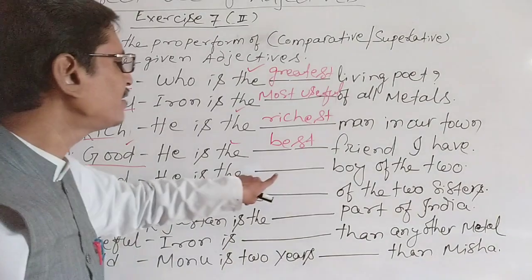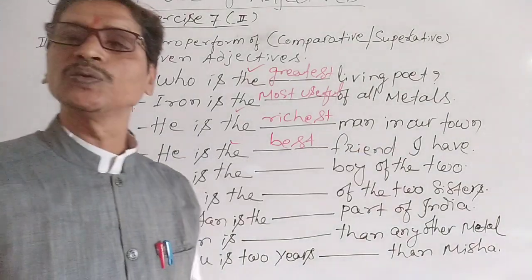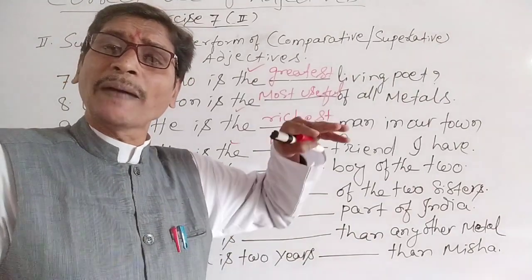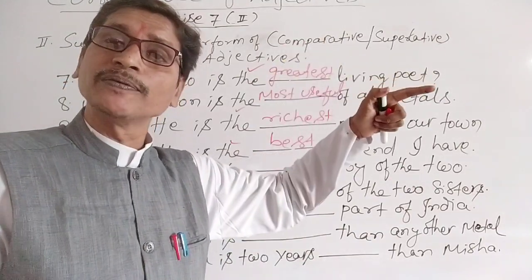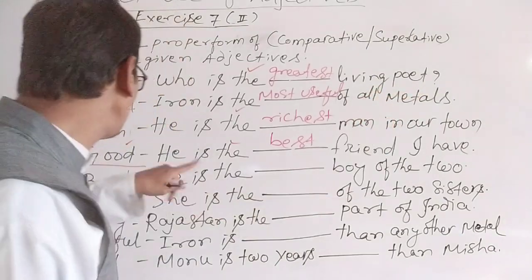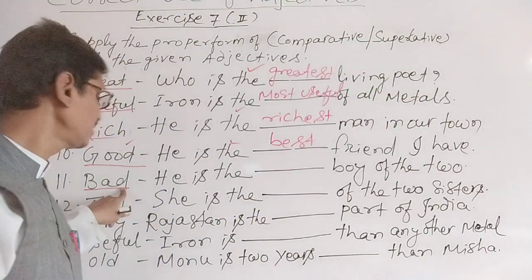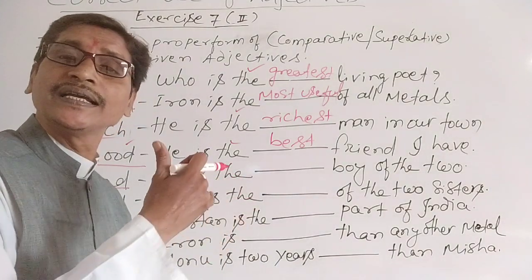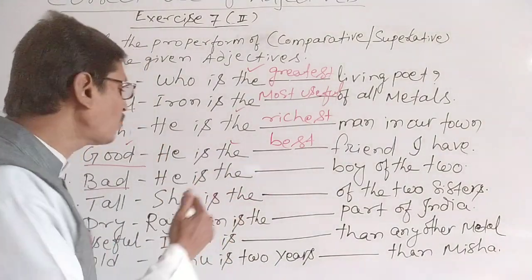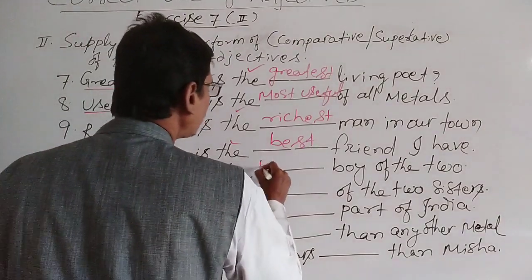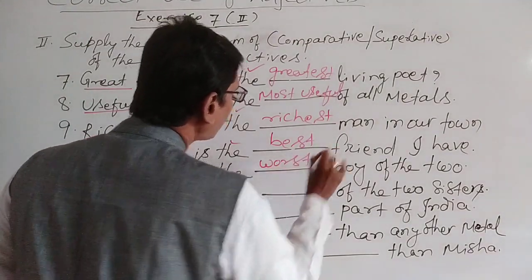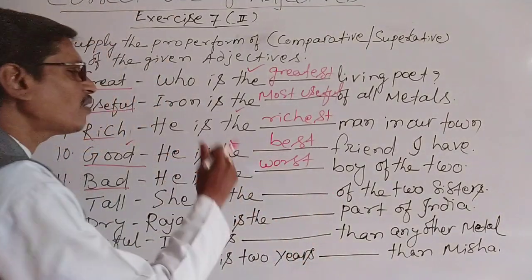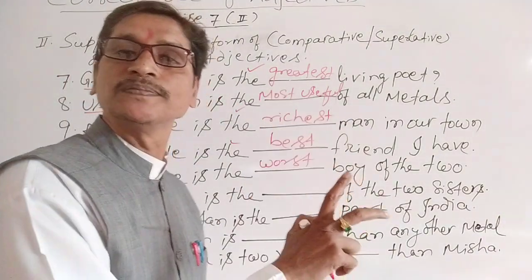He is the dash boy of the two. Between these two we are not comparing, we are finding the superlative degree of bad. What will we do? W-O-R-S-T, bad, worst. So he is the worst boy of the two.